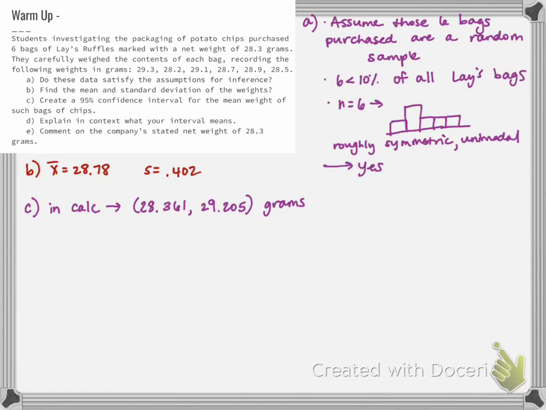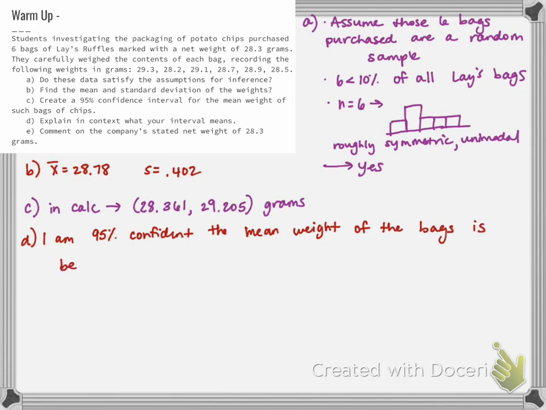Then part D said to explain what that interval means. So using our little stem of describing, that interval means that we are 95% confident that the mean weight of bags of Lay's potato chips is between 28.361 and 29.205 grams.